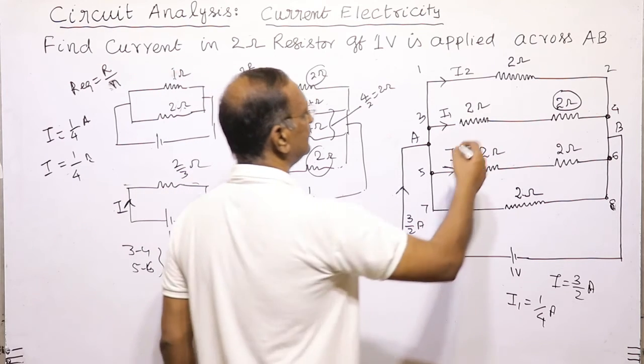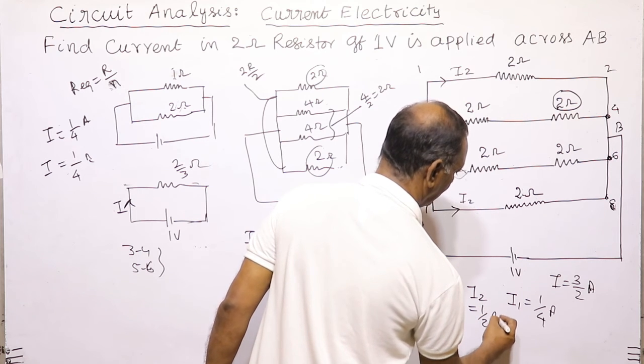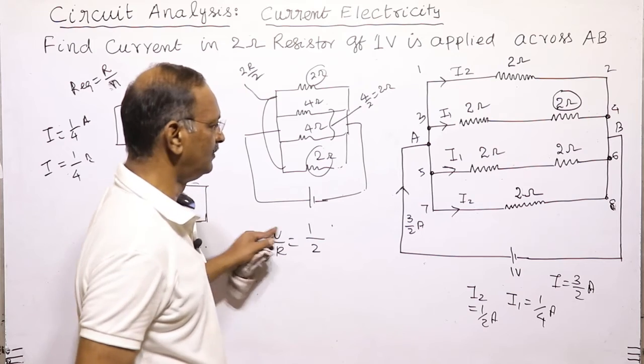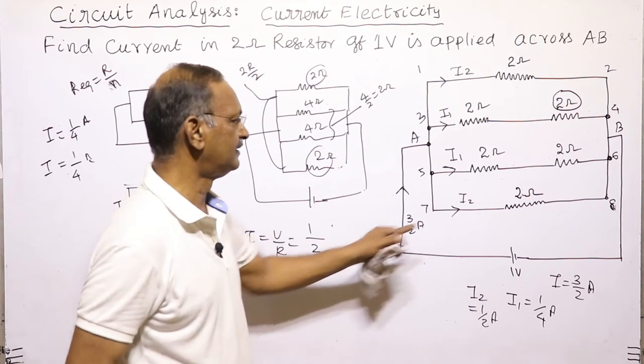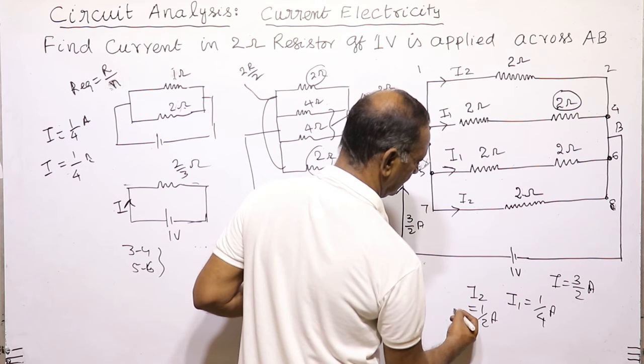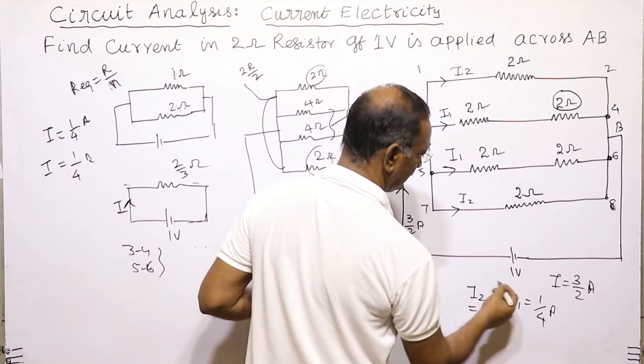So I2 is equal to half ampere. Here also I2 is 1 volt divided by 2 ohm, which is 1 by 2.